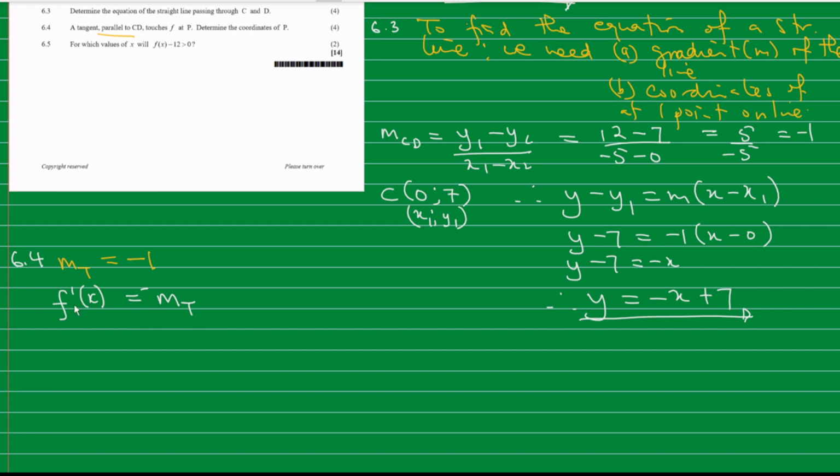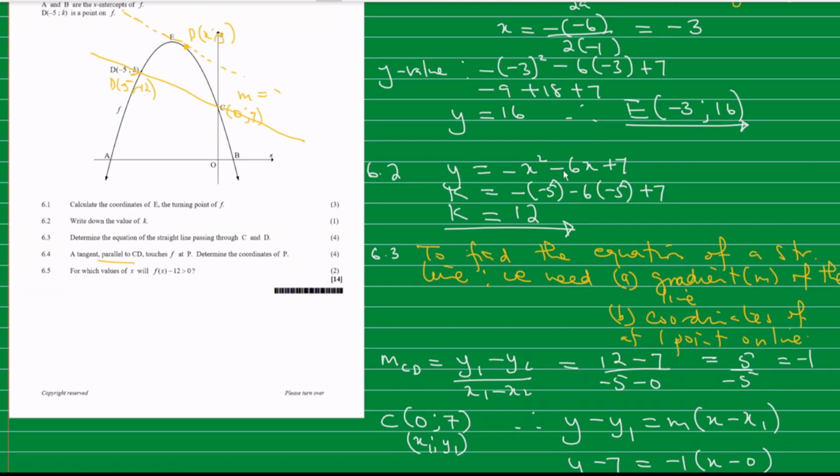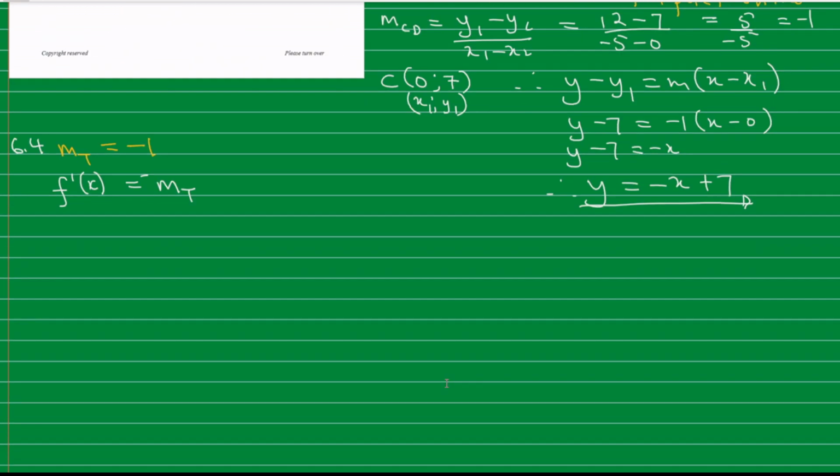Now when we differentiate, the equation of the function is negative x squared minus 6x plus 7. When we differentiate that, we will get negative 2x minus 6. So the derivative is negative 2x minus 6.